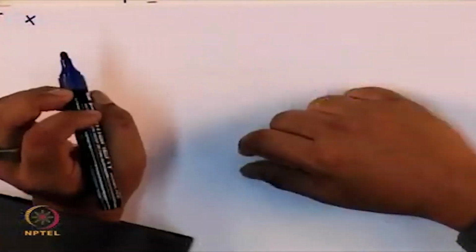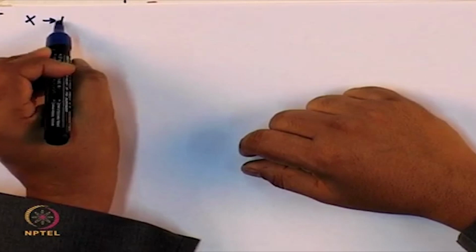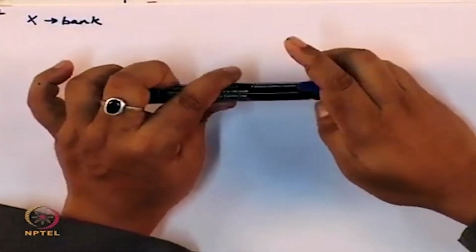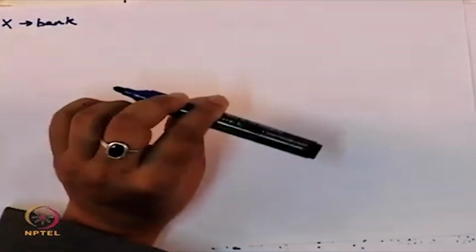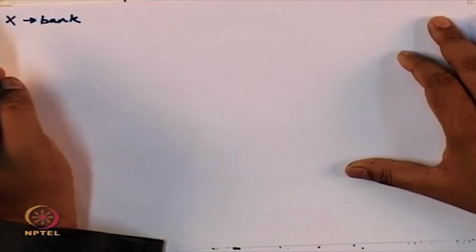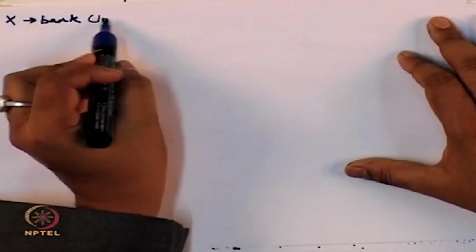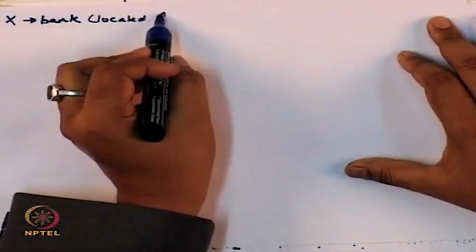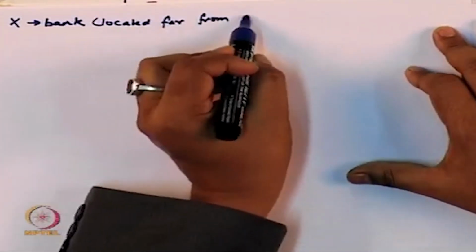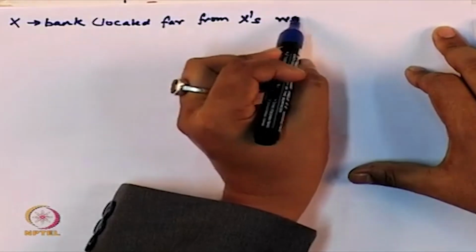Let me come to another example. Imagine that a person X works in a bank, and the bank is located far from X's residence.